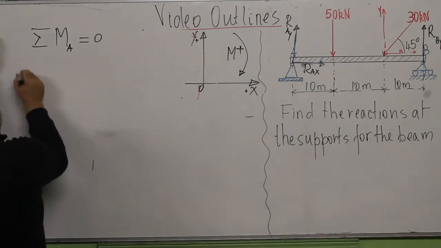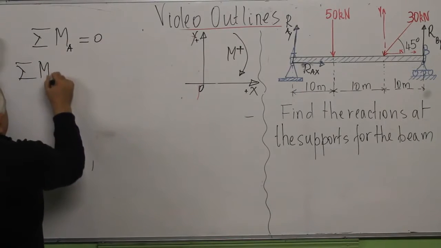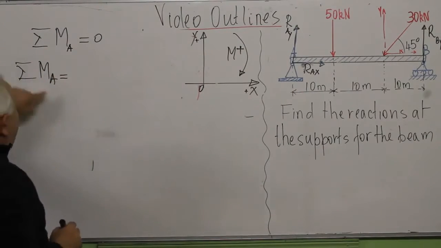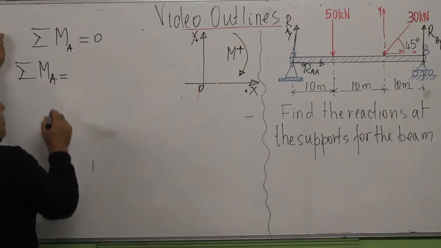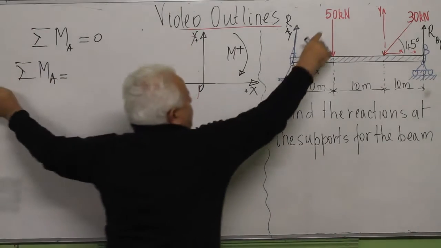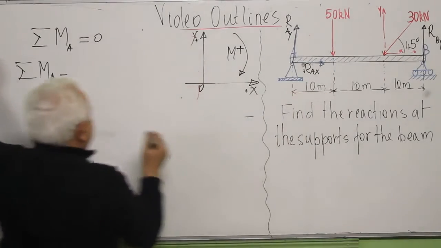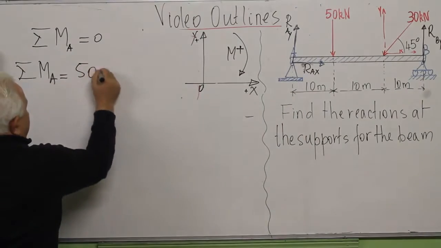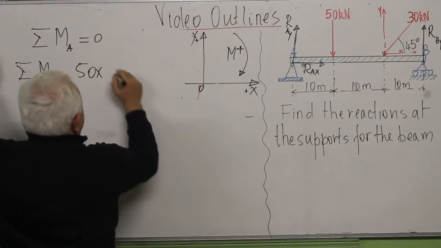I have now the total moment about A: 50 newtons times this distance, 50 times 10.